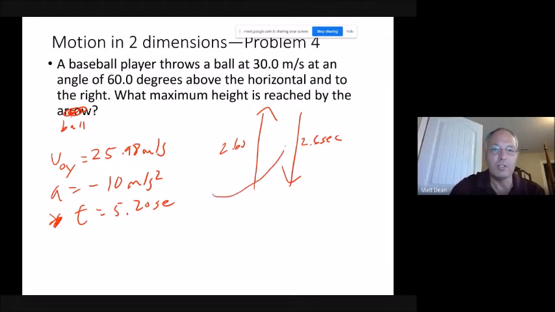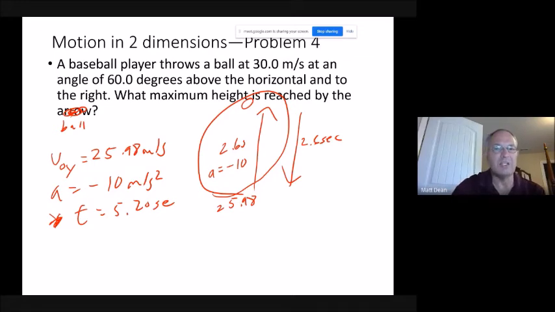We're really only concerned about the upward part of this. We know that we're starting off at this speed, we're ending up at a speed of 0, and that between there and there, we're accelerating at negative 10. And we're trying to find a displacement.